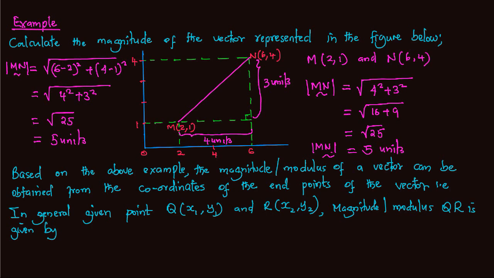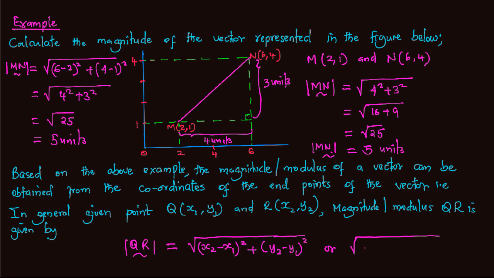That is, in general, given point Q (x1, y1) and R (x2, y2), the magnitude or modulus of QR is given by the square root of (x2 minus x1) squared plus (y2 minus y1) squared, or the square root of (x1 minus x2) squared plus (y1 minus y2) squared.